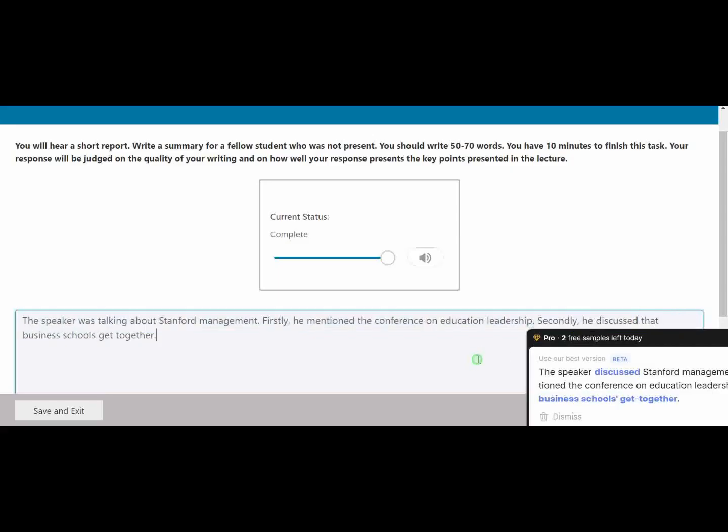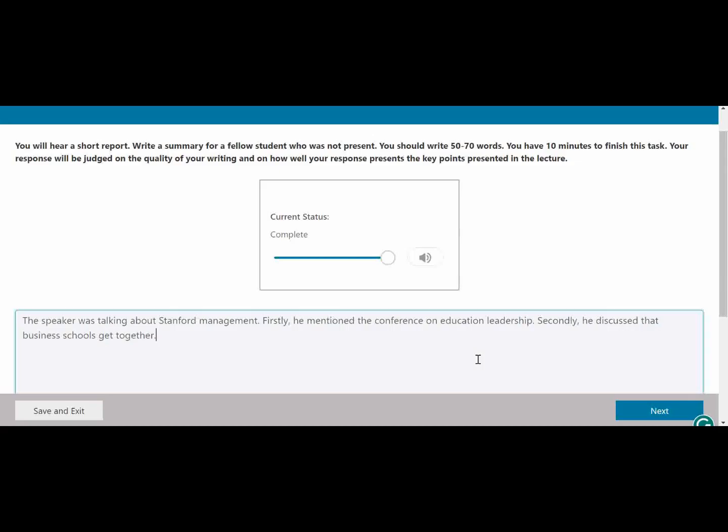So if you are talking about when you will hear a lecture, then when you will write, then it's talking about the past. So if your template is in the past, obviously your template will be in the past, but if you are writing the sentence in the present form, then always use that.